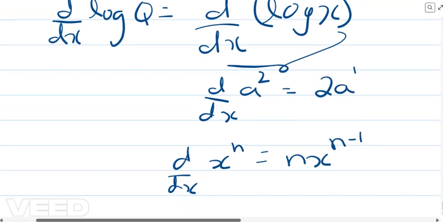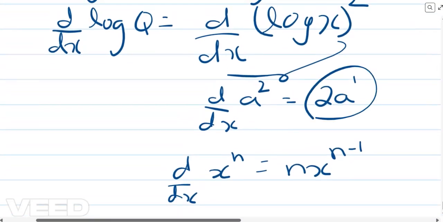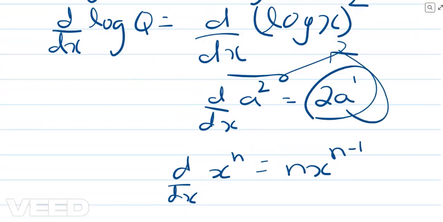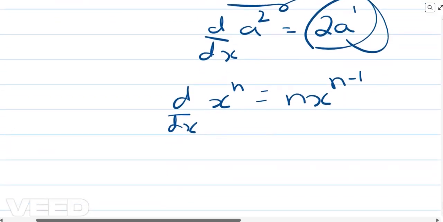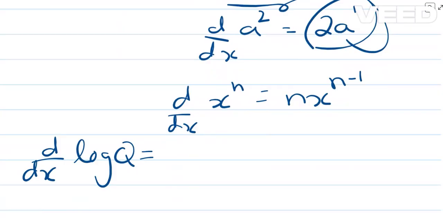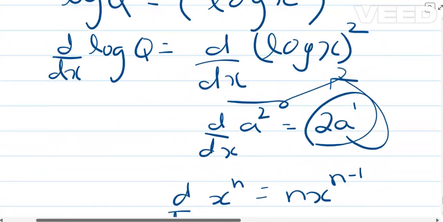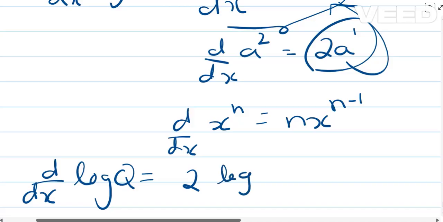I hope that makes sense. So we'll write this as 2a, and we'll substitute a as log x. So d by dx of log q is equal to 2 log x.